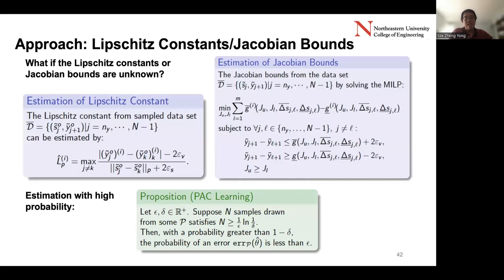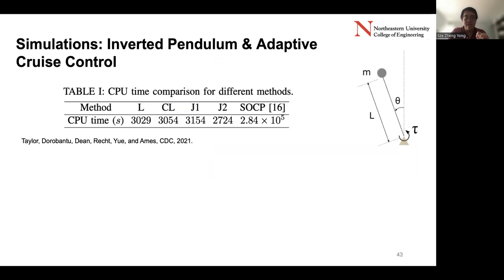With a certain number of data points, you get to the actual true Lipschitz constant and Jacobian bounds with very high probability, using PAC learning. I cannot remember what the C stands for. Probably approximately correct learning, I believe.